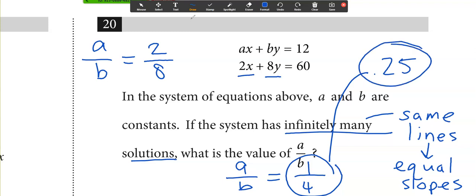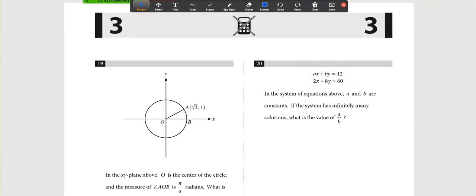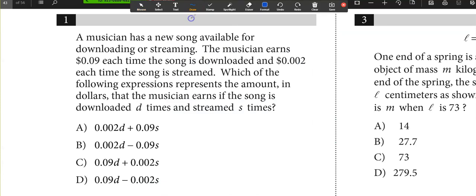I don't think they would argue with 2 over 8, to be honest, but I'm guessing that they want it reduced. So I would suggest reducing it or putting the decimal so that you don't have any questions. But we'll try to speed through these.